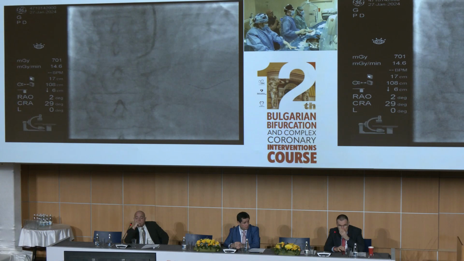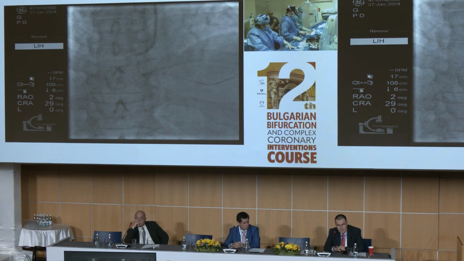What we are going to do is probably, we have a wire, we have a balloon already, but I'm pretty sure that it is not slipping somewhere else. It is intramyocardial, but we should check with echo. And if there is a pericardial effusion, in these situations we are going with coils. But what I propose, let's continue with the program. We'll do the echo, and after that we'll come back to you.